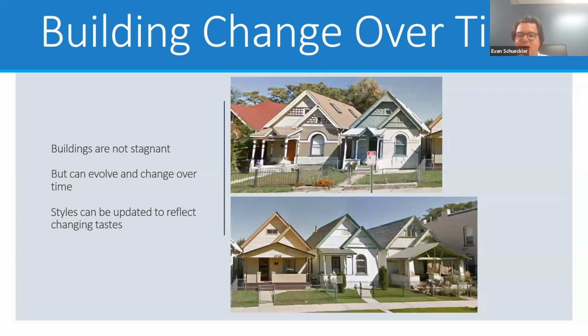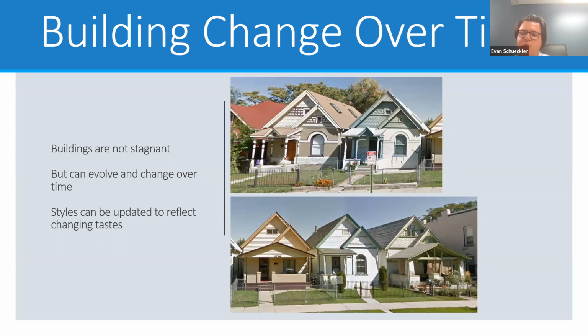But then below that, you can see 3 more houses that have changed a lot more. The one on the left at the bottom has gotten the full vinyl treatment, and the porch has been replaced in a little bit more of a craftsman style. The one in the middle has been a little bit simplified. And the one on the right is, I think, really interesting because it's a Queen Anne house, but someone probably in the 1920s redid the porch.